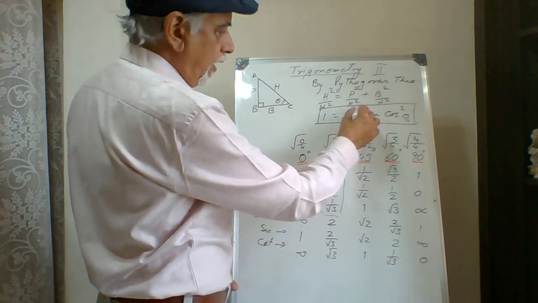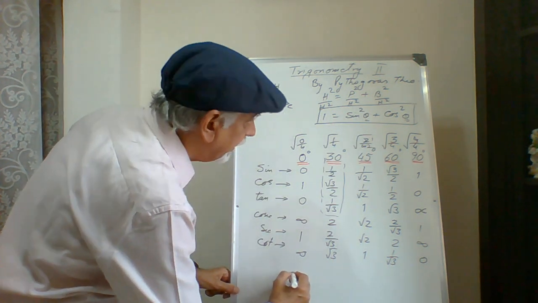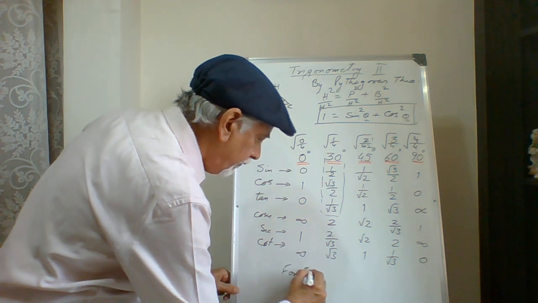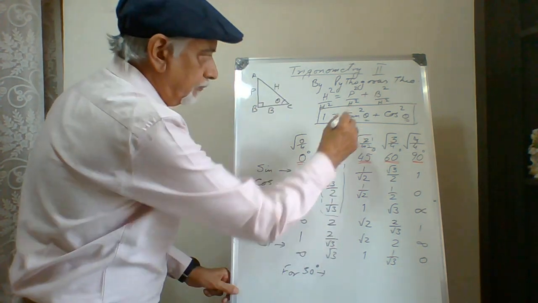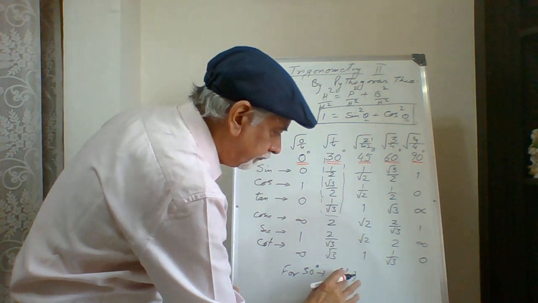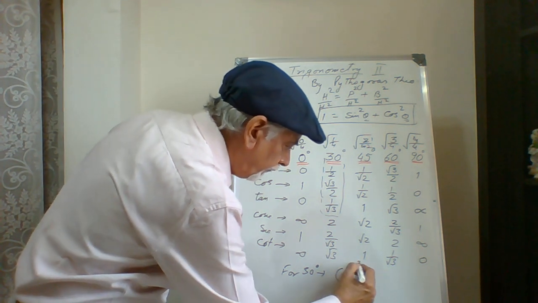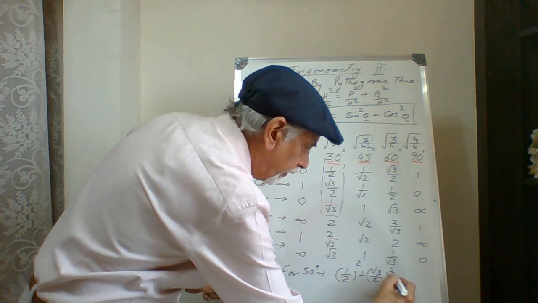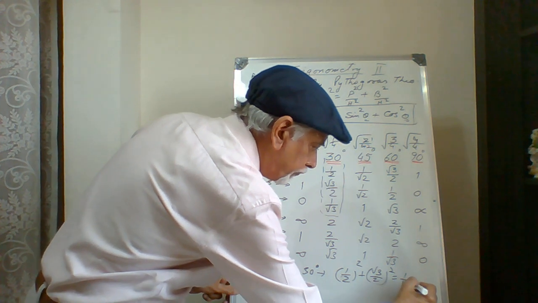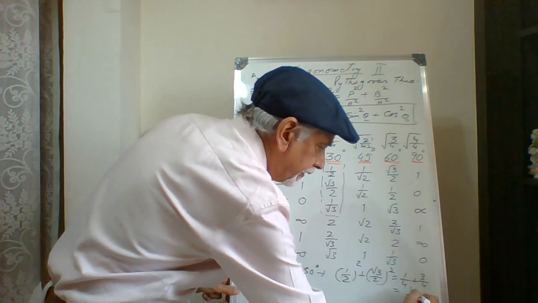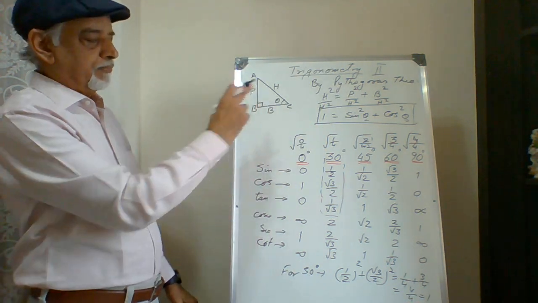Sine square is half square, so for 30 degrees, this is half square plus root 3 by 2 whole square. That becomes 1 by 4 plus 3 by 4, which is 4 by 4 and is equal to 1. So this is verified.